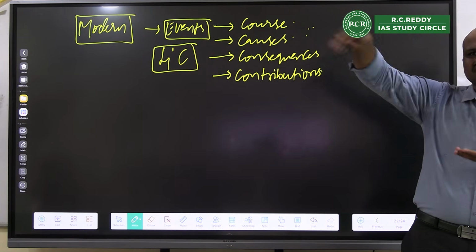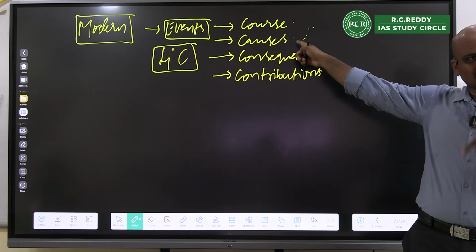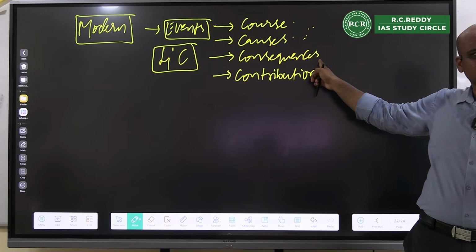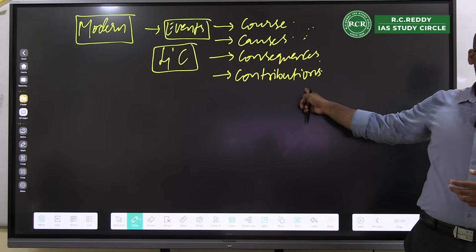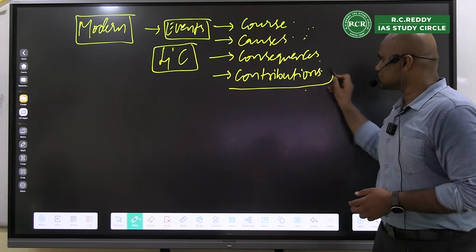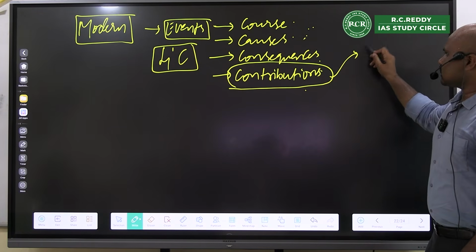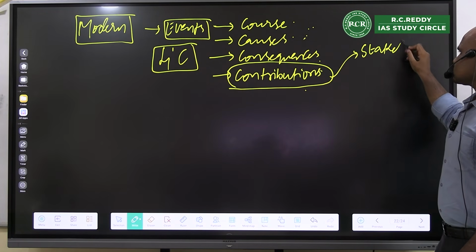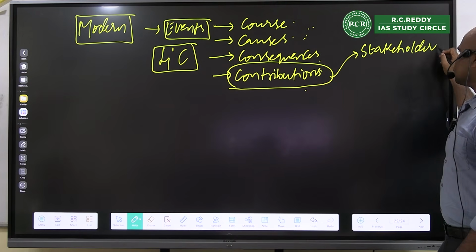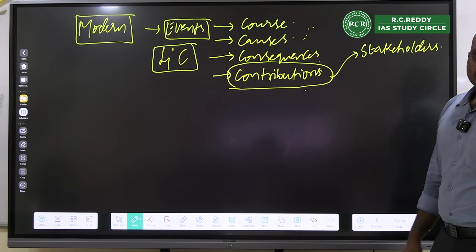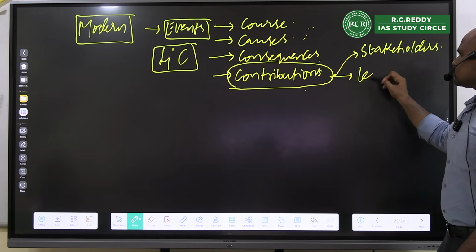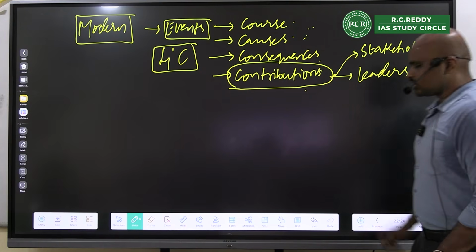That means how did it go on? The cause, what was the major reason? Consequences, the corresponding impact, and contributions. When I say contributions, these are mostly with respect to the stakeholders, the leaders, in that particular event.